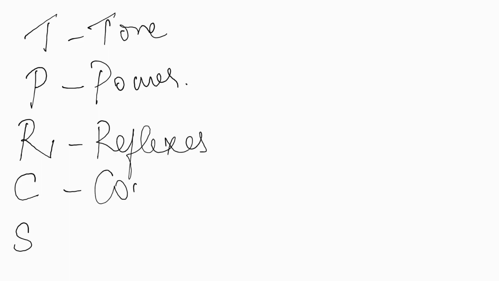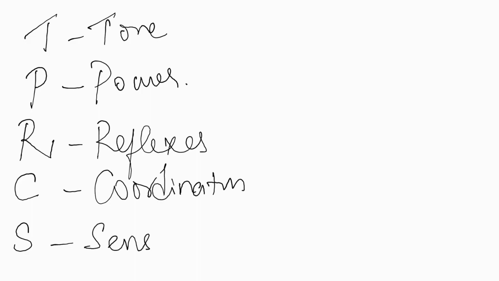Check for coordination and check for sensation. Once you have done all these things, well and good. We can now get into spastic paraparesis and its approach. I'll just erase these things in the slide, and we are going to start from the beginning.